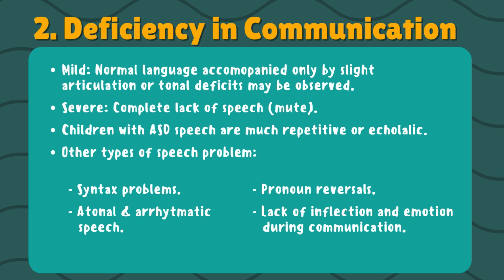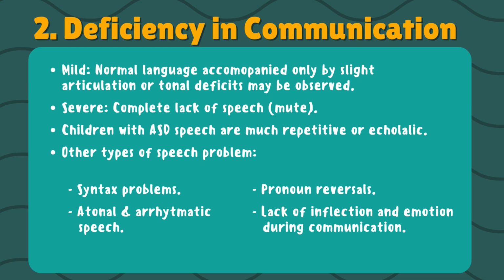For the second category, deficiency in communication, where it can range from mild to severe. Mild is referred to as normal language accompanied only by slight articulation or tonal deficits. Severe is referred to as a complete lack of speech, or in other words, mute.